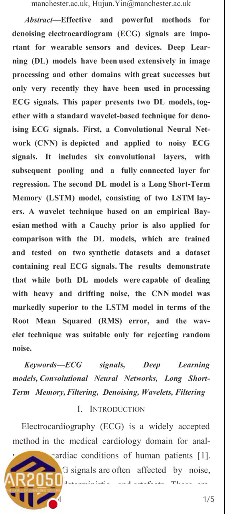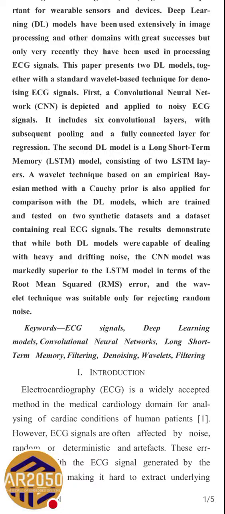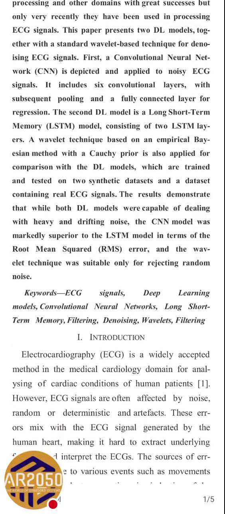The second deep learning model they implemented is a long short-term memory, which is an LSTM model, and it consists of two LSTM layers. They also used a wavelet technique and an empirical Bayesian method to compare with the deep learning models.